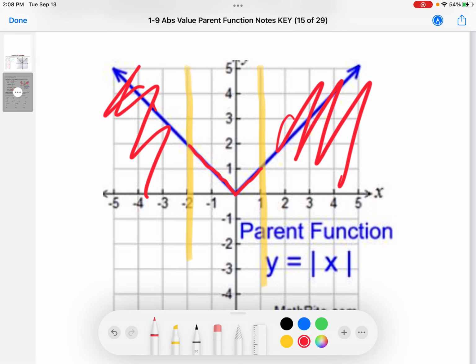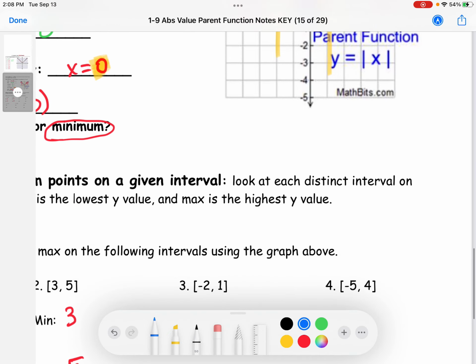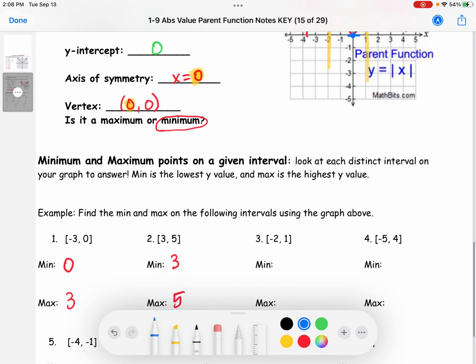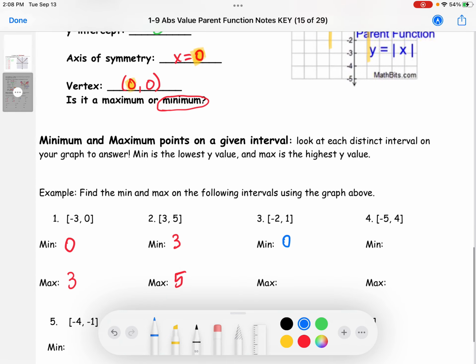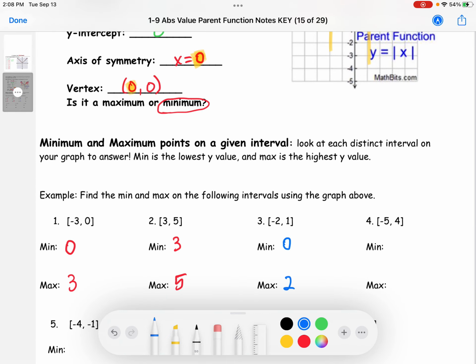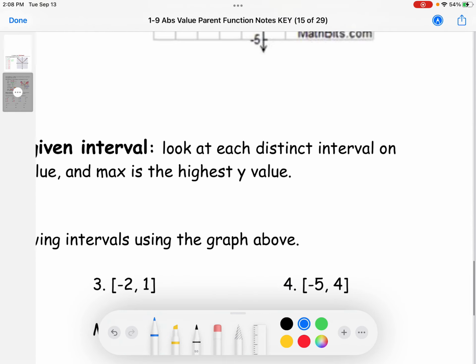Our minimum value, the lowest down that we ever reach, is at this point. That is a y value of 0. The highest that we ever reach is up here at +2. So our min and max on that interval is 0 and 2.